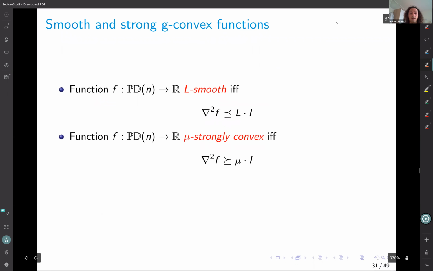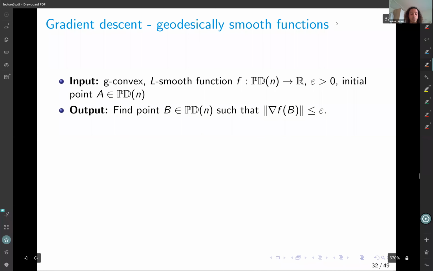And the function is mu-strongly convex if and only if the Hessian of our function is lower bounded by mu times the identity.